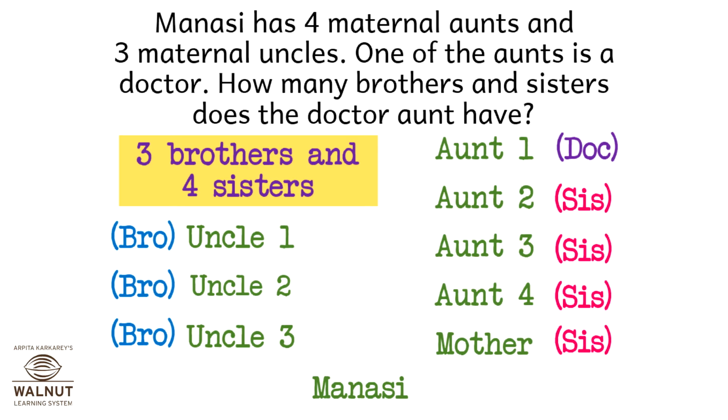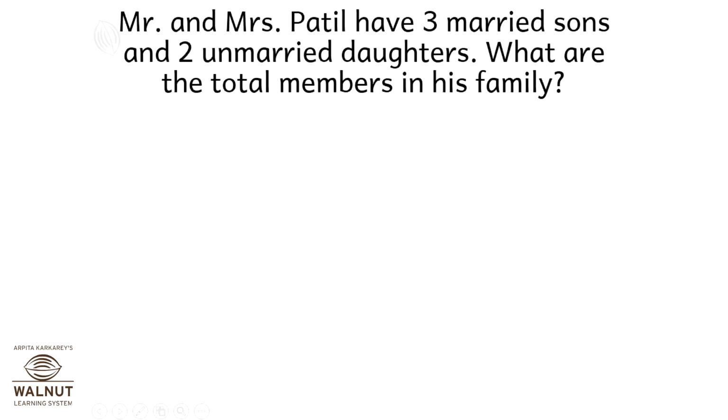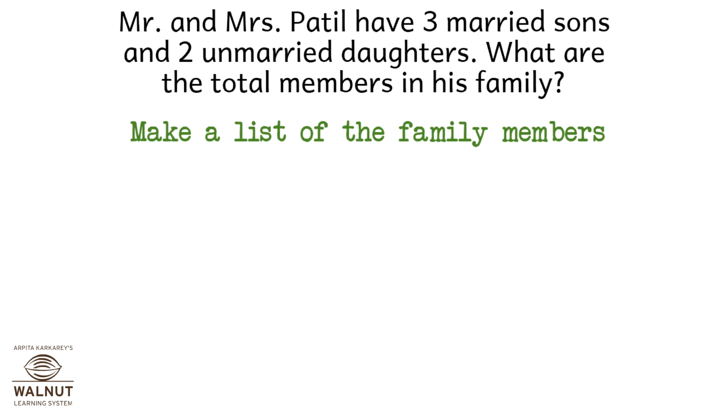Let's go to the next one. Mr. and Mrs. Patil have 3 married sons and 2 unmarried daughters. What are the total members in his family? Make a list of the family members.